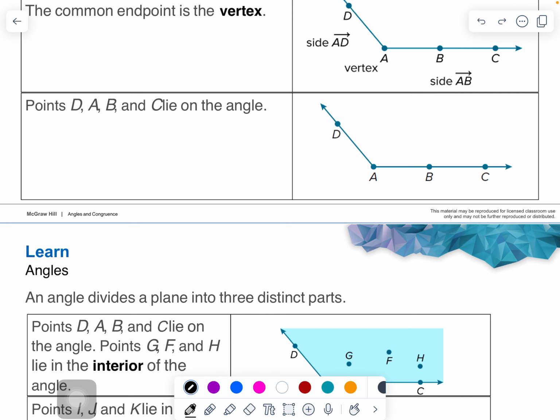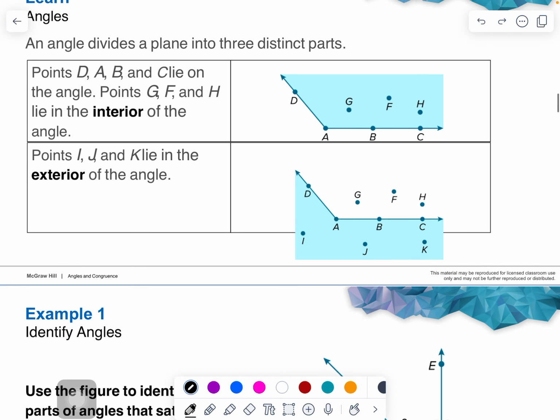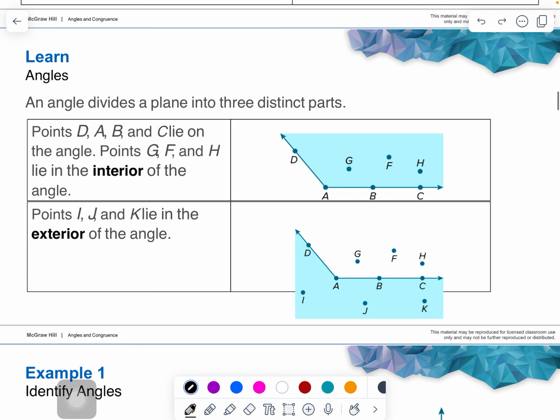This is not a part of your notes, but points D, A, B, and C lie on the angle. Now an angle divides into three distinct parts. The parts that are on the angle, D, A, B, and C, that would be one part. The other two parts are the interior and the exterior. The interior is everything that is in the less than 180 degree area.